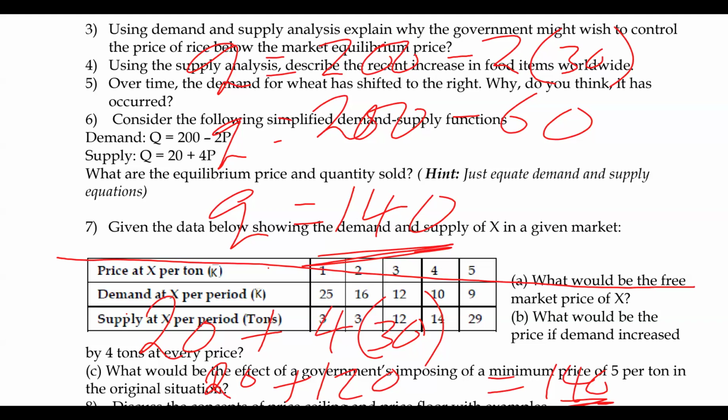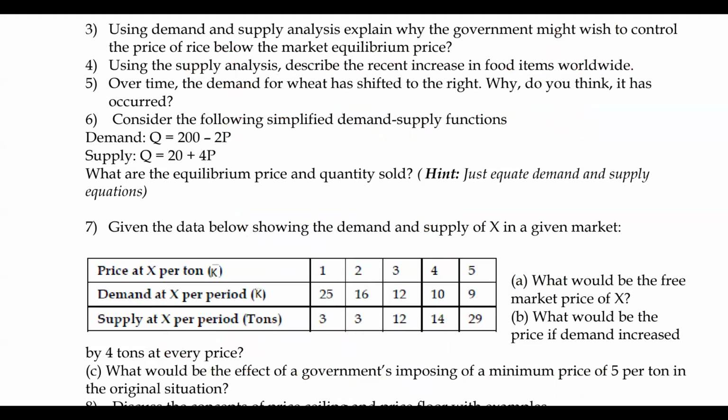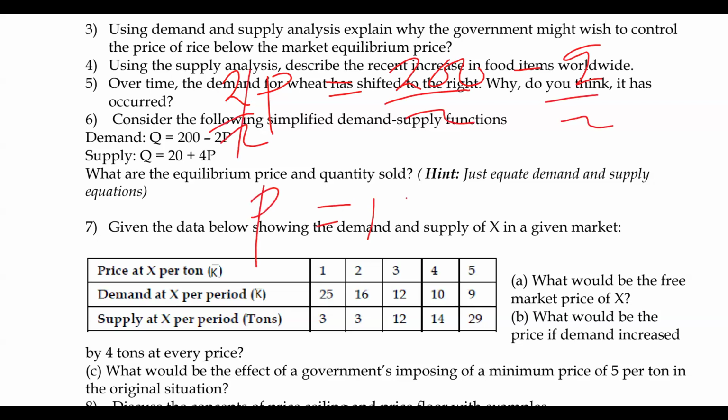So I guess when we were inverting the function, somewhere we made a mistake. Maybe when you were calculating, you made some mistakes. Let's try to invert them again. For the demand function, you will have 2p equals 200 minus q. Divide through by 2, so that p is equal to 100 minus 0.5q.